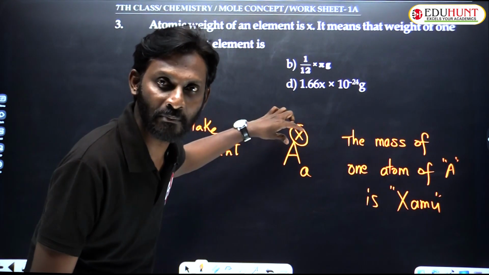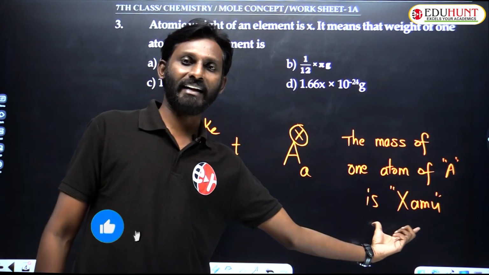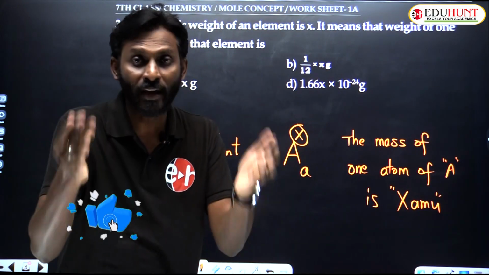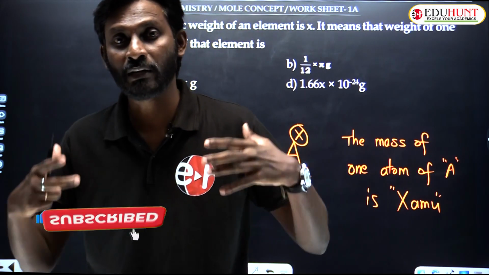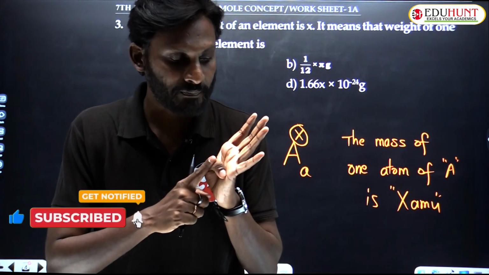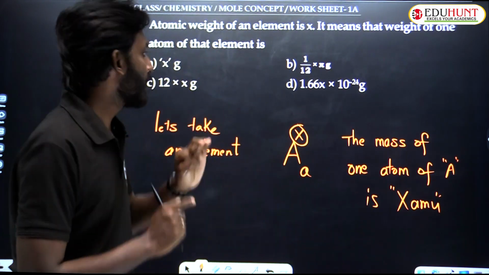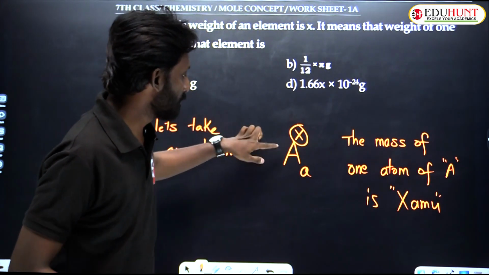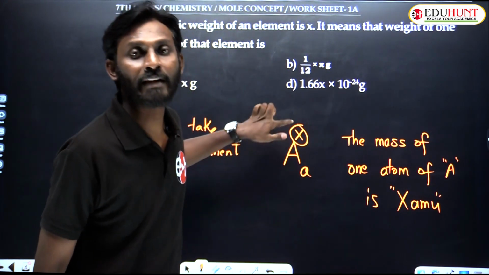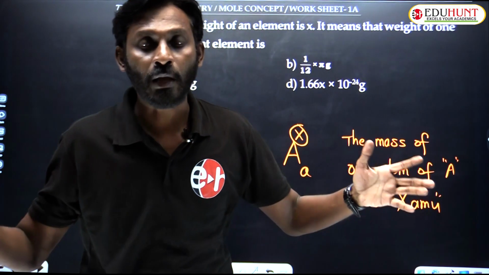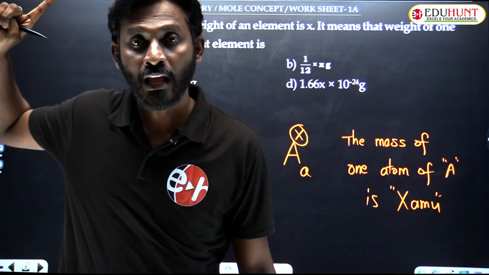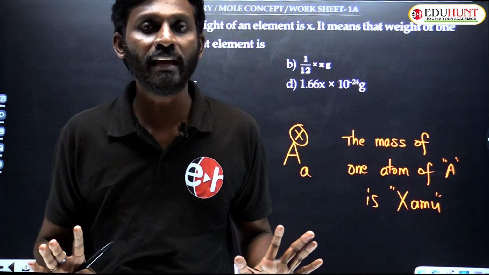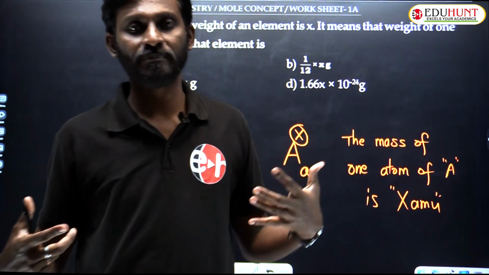Simple. That's why I asked you to memorize the names, symbols, atomic numbers and mass numbers of elements up to 30 in the periodic table, starting from hydrogen up to zinc. Then it will be easy for you.